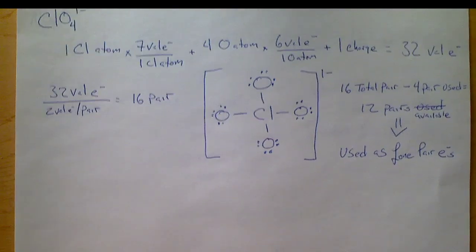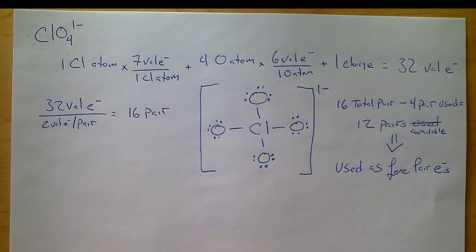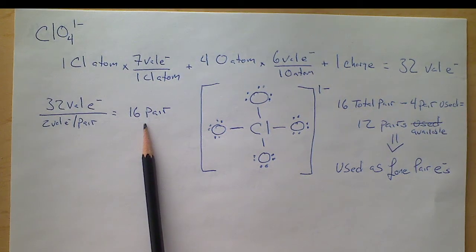All right. So this is what it would look like for perchlorate. Same thing that we've done before. 16 pairs are available.